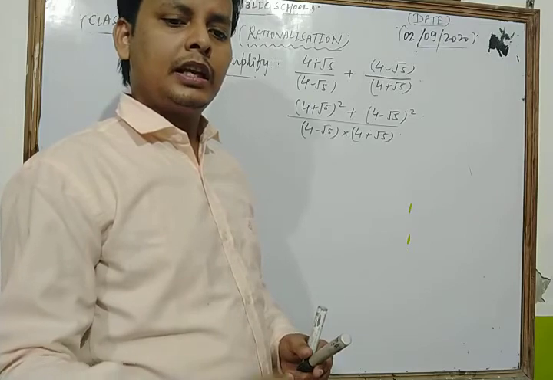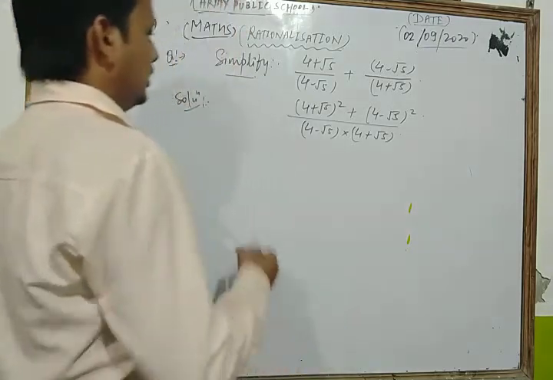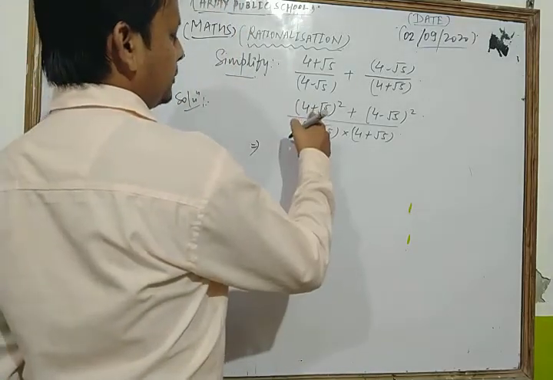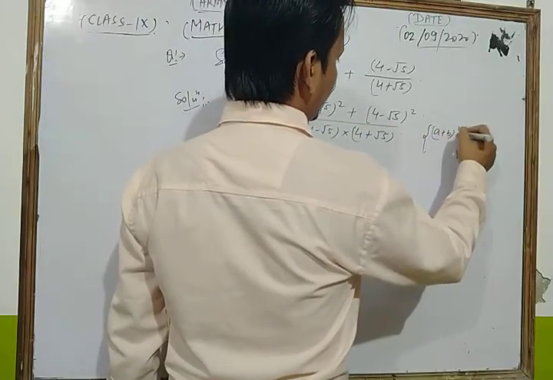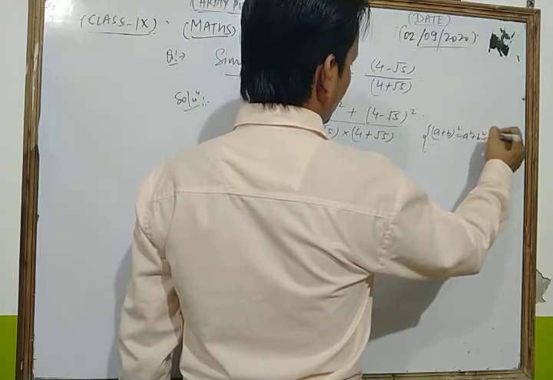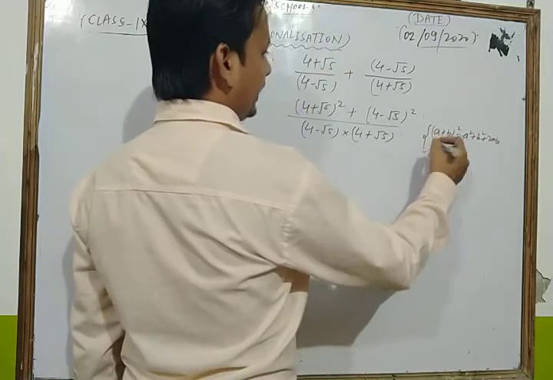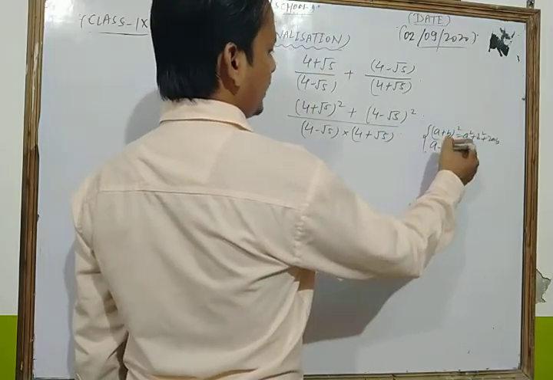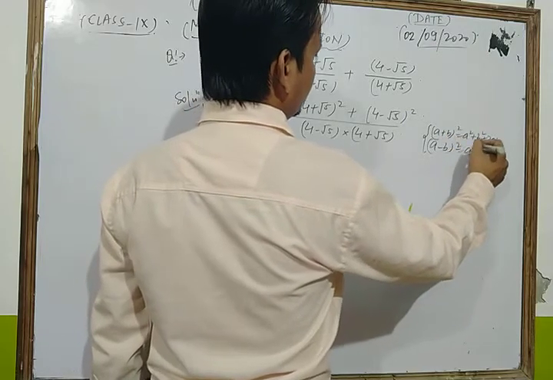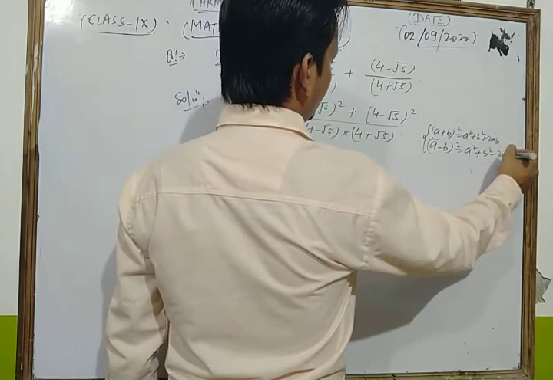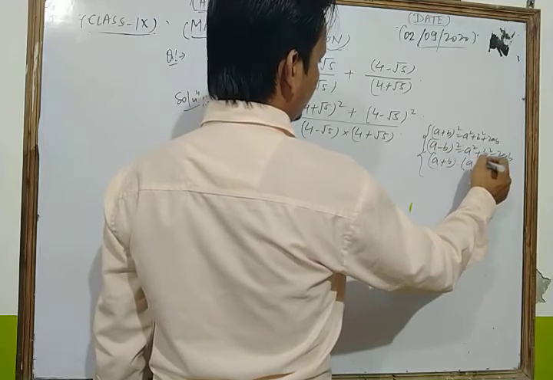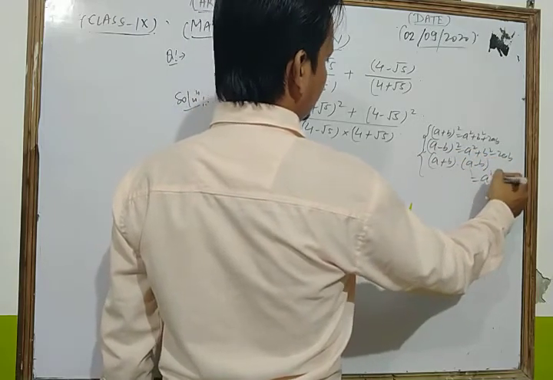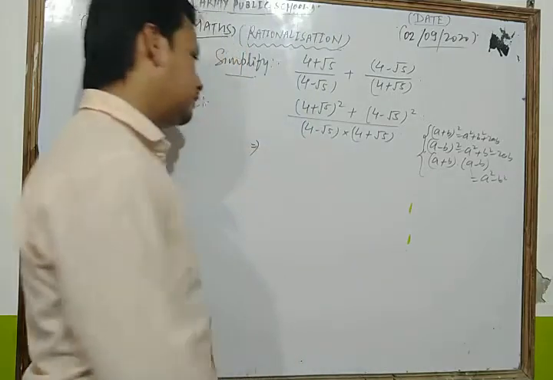Now we simplify them. You know that (a plus b) whole square is a square plus b square plus 2ab, (a minus b) whole square is a square plus b square minus 2ab, and (a plus b) into (a minus b) is a square minus b square.